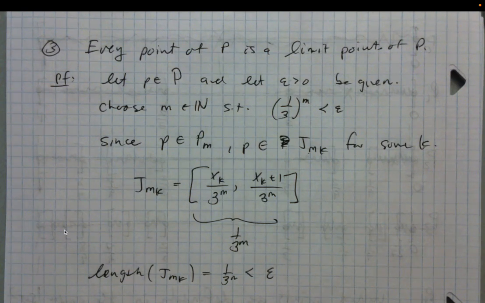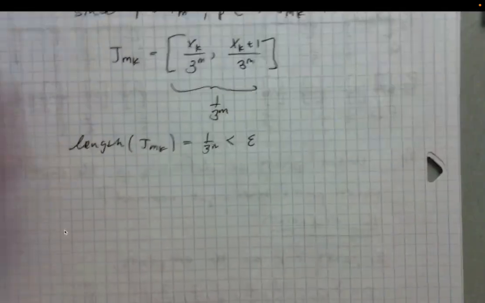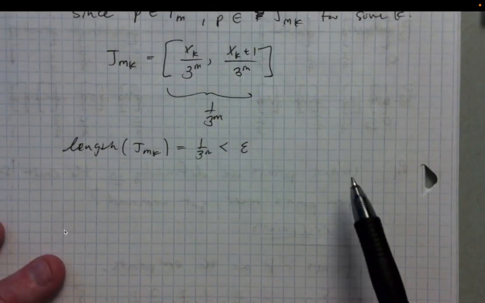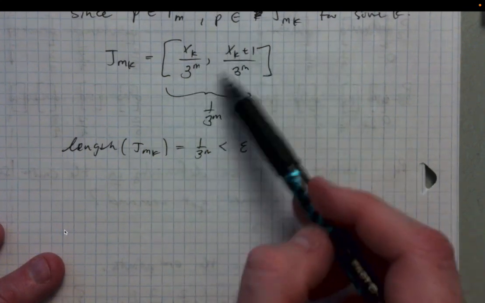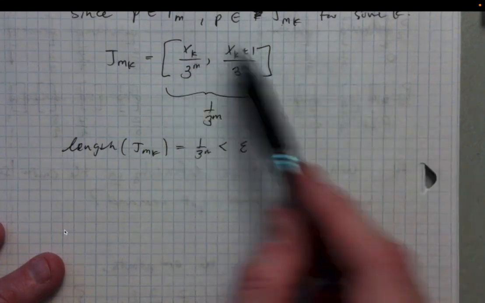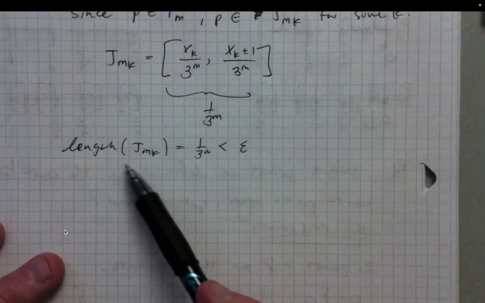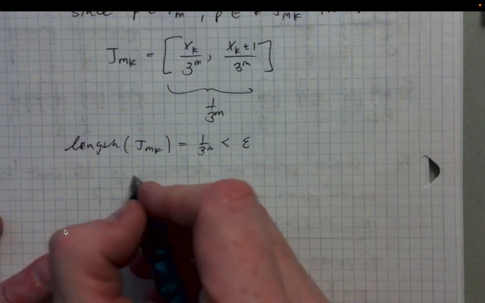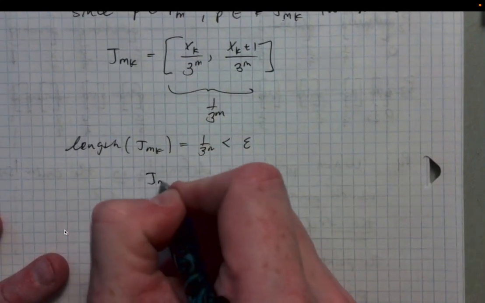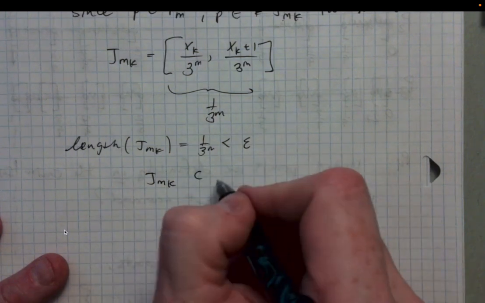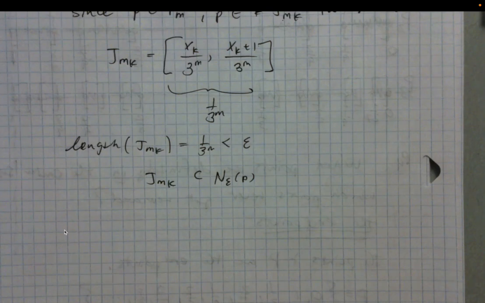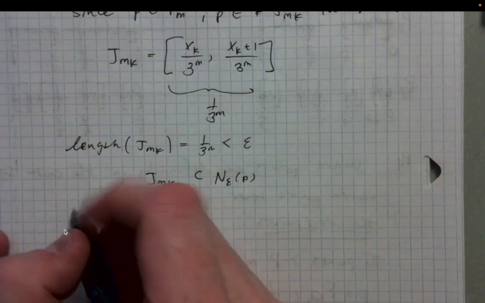That's the kicker. Because I can go deep enough in the layering, I can always find a layer where the subintervals have a short enough length that it's smaller than any epsilon you give me. What that means is that J_mk is a subset of the epsilon neighborhood of the point P that is inside of J_mk.